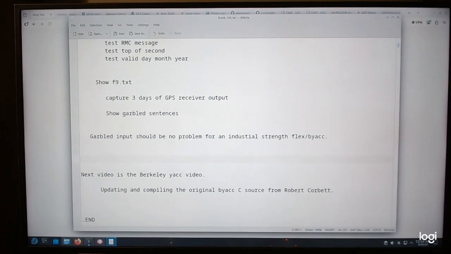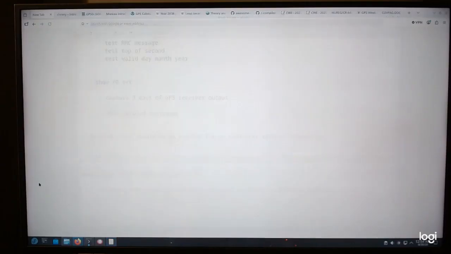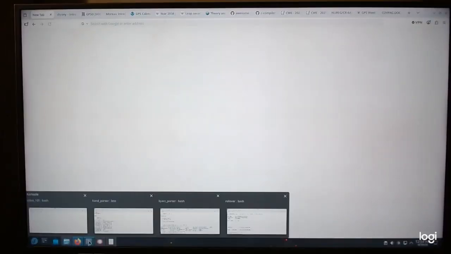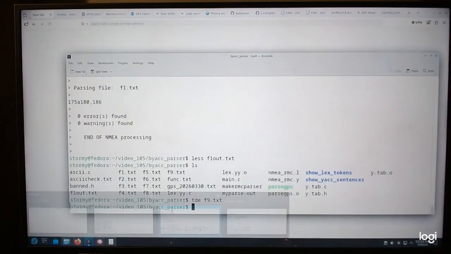Now, let me show you one last thing here, and that's the F2 file.